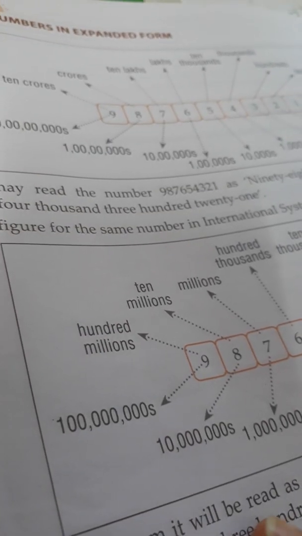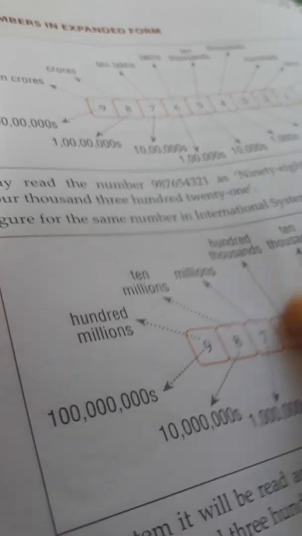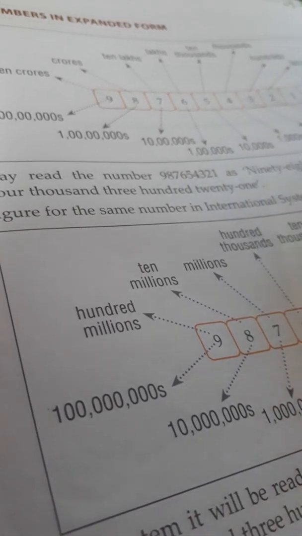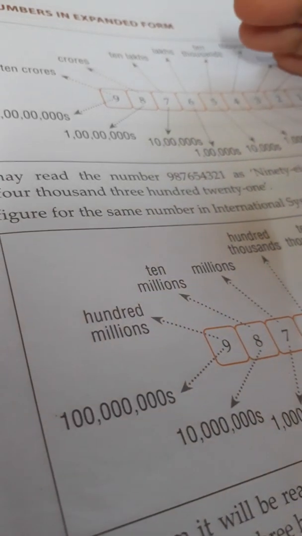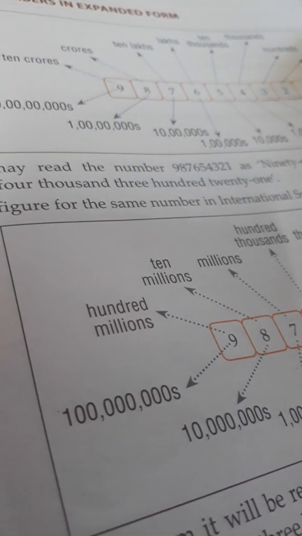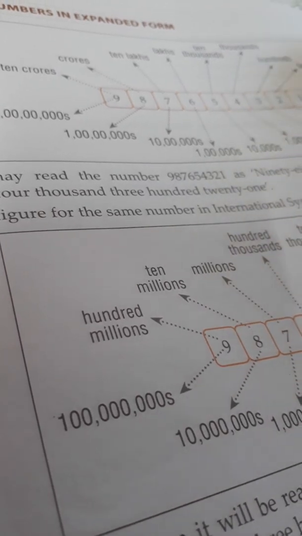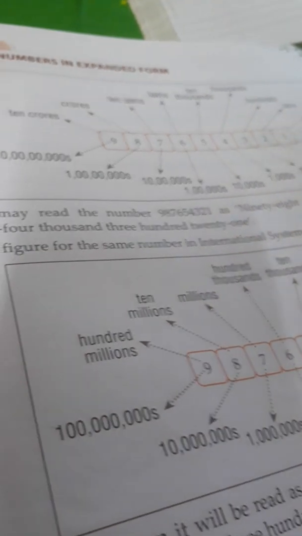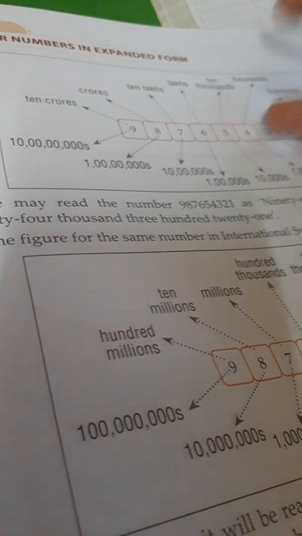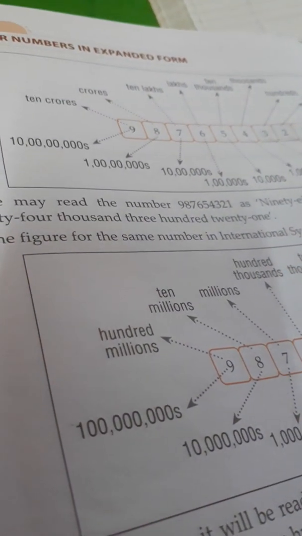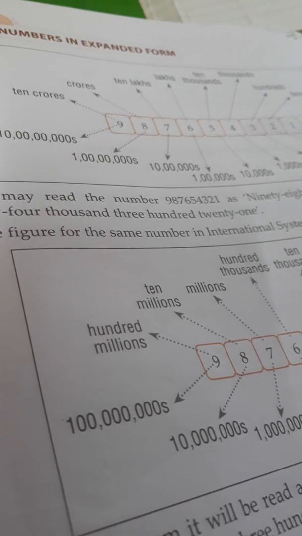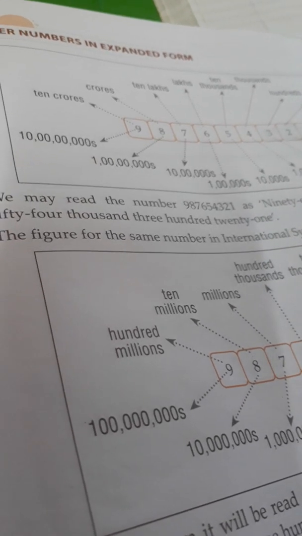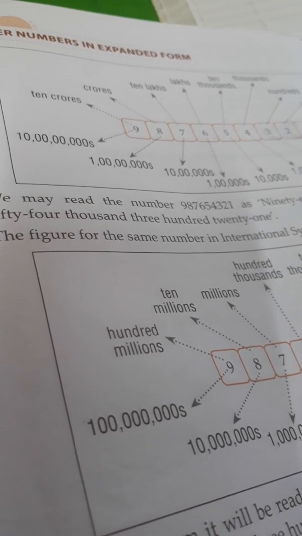In this system it will be read as, so see, this same number when we use in the Hindu Arabic system, we say it this way: 98 crore 76 lakh 54,321. But when we use the same number in the international system, we say it this way: 987,654,321.